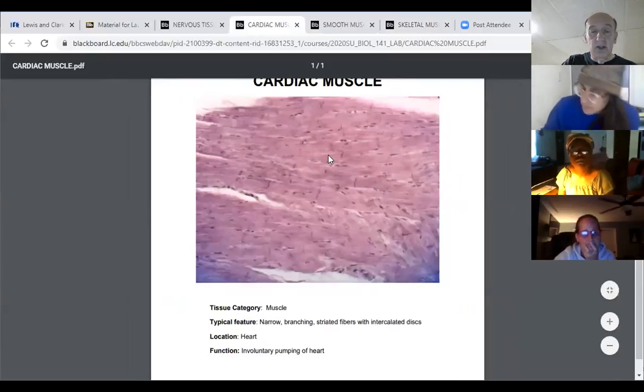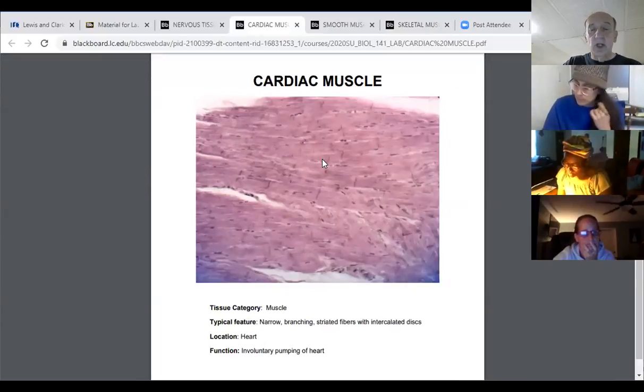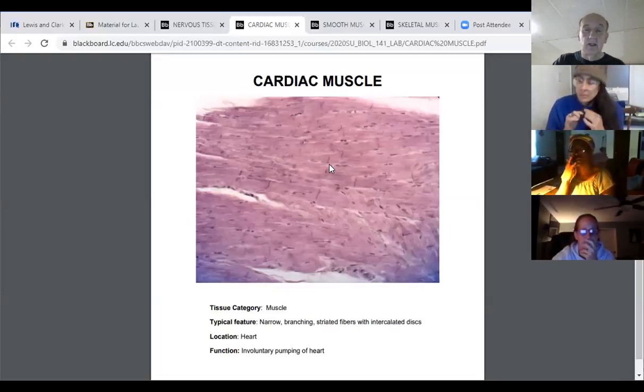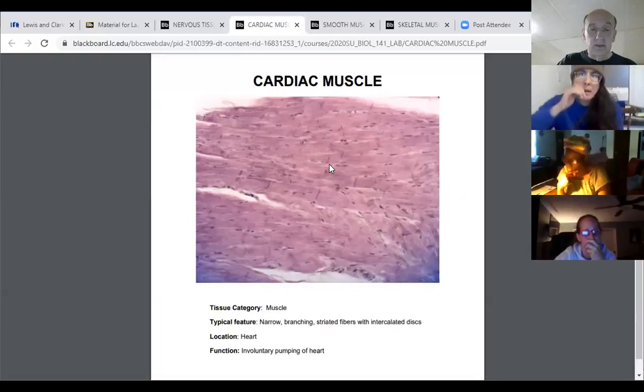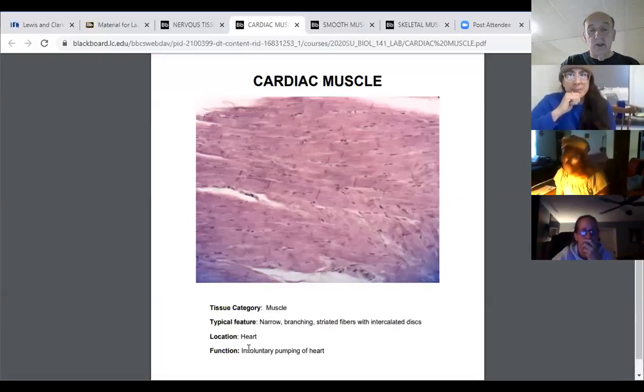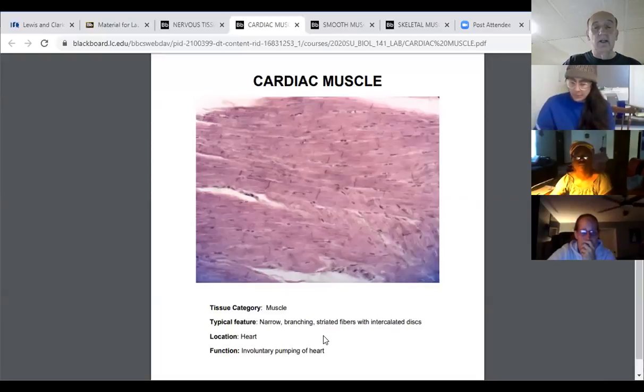I'm going to zoom in because if we would project this in the lab, a much bigger image would be the result, and details would come out a lot more crisp. Location is the heart only. Function is involuntary pumping of the heart. You can put down involuntary contraction of ventricles, atria, or heart chambers.